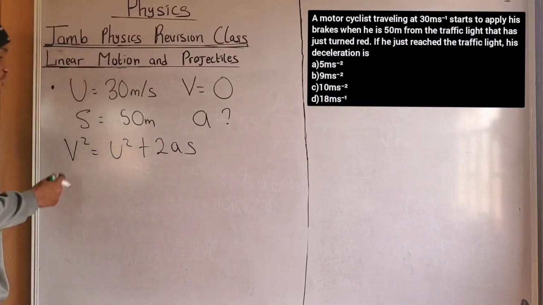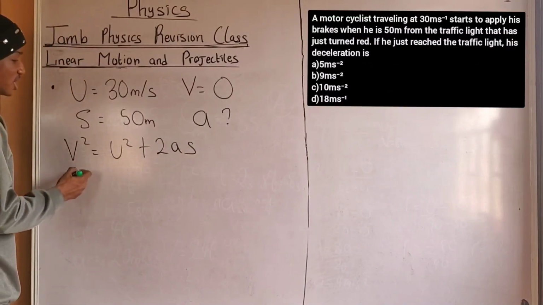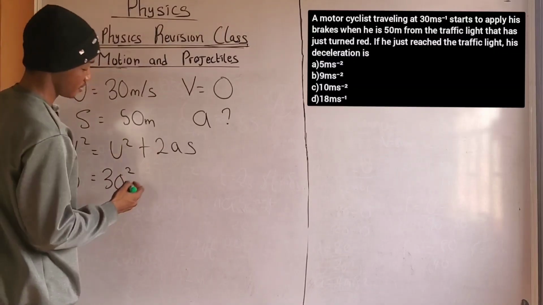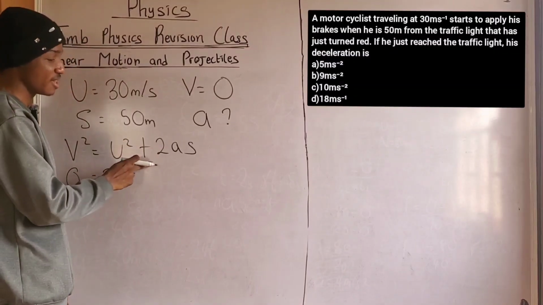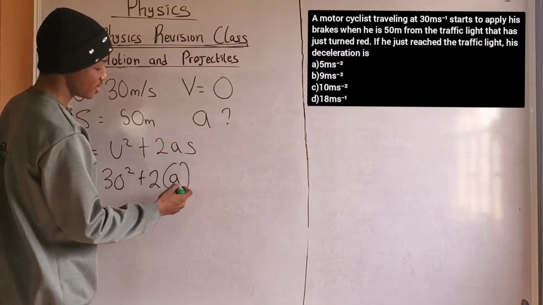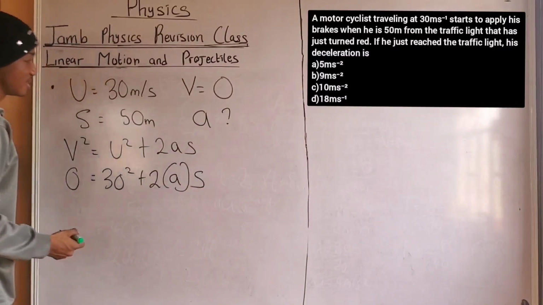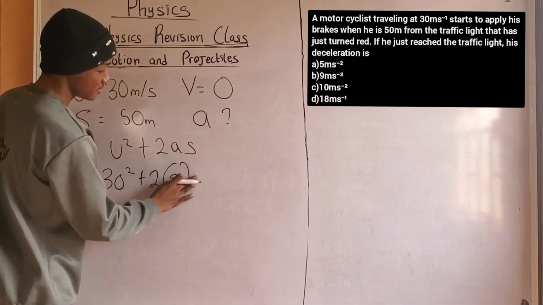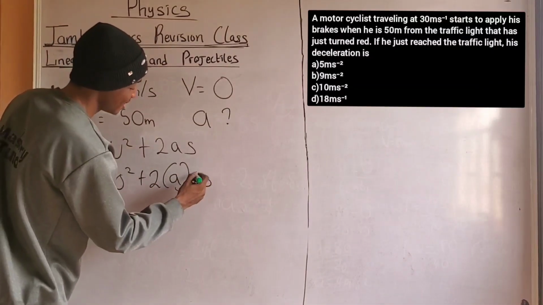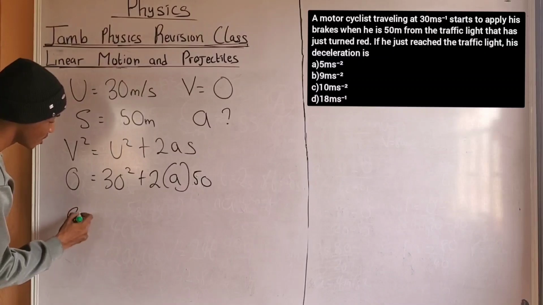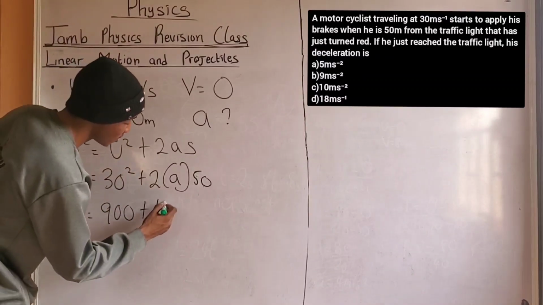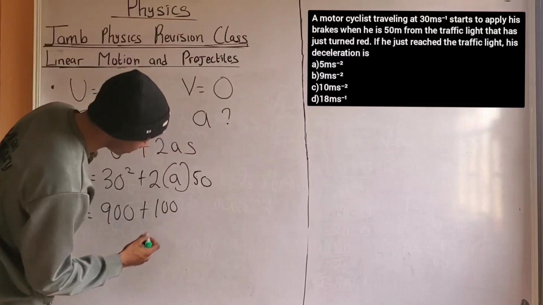So I'm going to have v squared, v is 0, 0 is equal to 30 squared, pay attention here, plus 2 multiplied by a multiplied by s. The s is 50, so I'm going to replace s with 50 here. So here I'm going to have 0 equals 900 plus 100 times a.